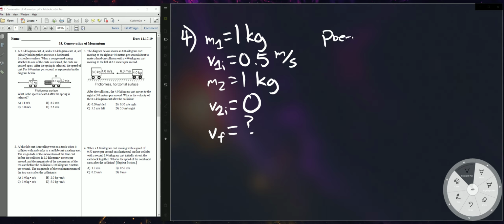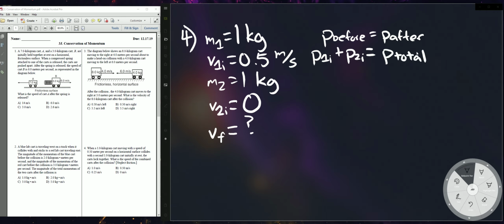So P before, P after. P1i plus P2i is equal to the total momentum after collision, because the carts stick together, meaning they're only one mass. So m1 v1i plus m2 v2i is equal to m total v final.